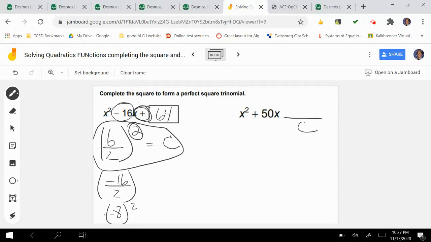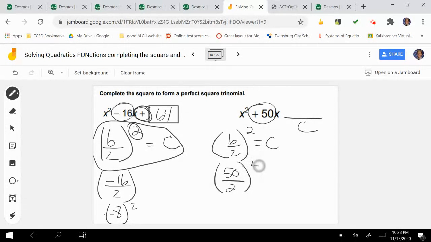So again, what's my c value here? How do I get it? Take b, cut it in half, and square it. So I need this b value right here, which is 50. What's 50 cut in half? Because you always do parentheses first. 25. What is 25 squared? 625.